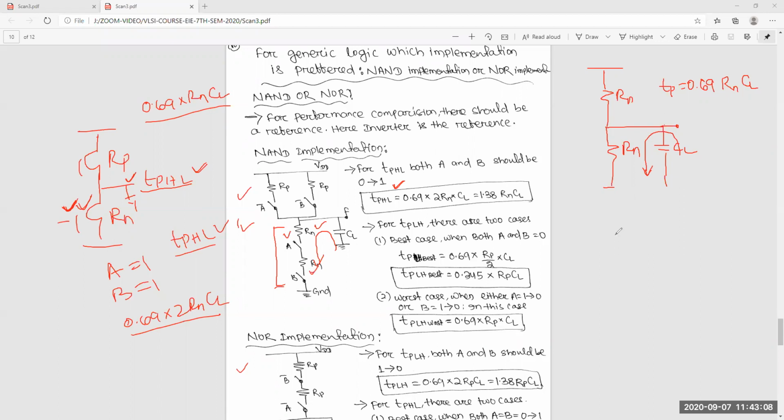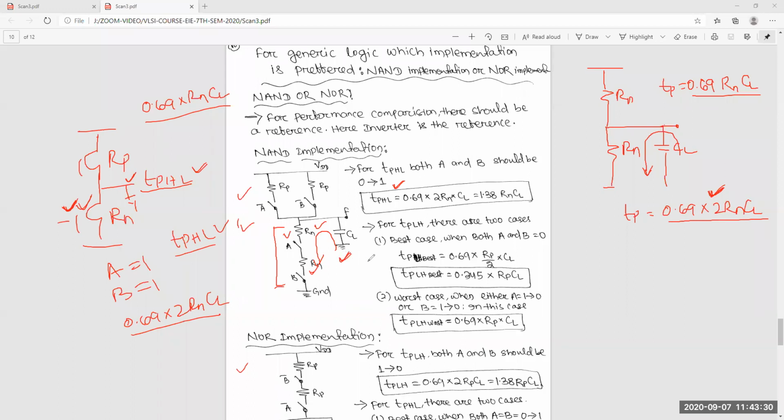So TP in this case will be 0.69 into 2 Rn CL. Compare this: the TP is double here.